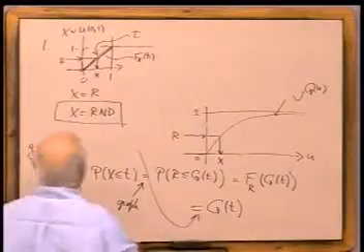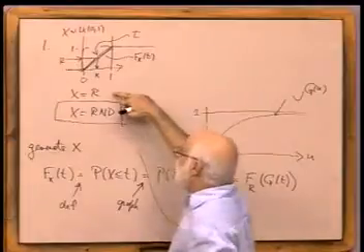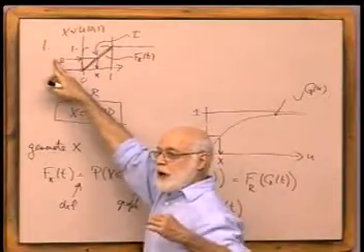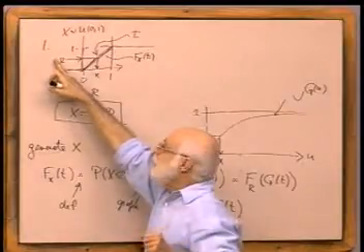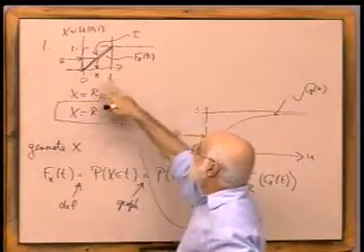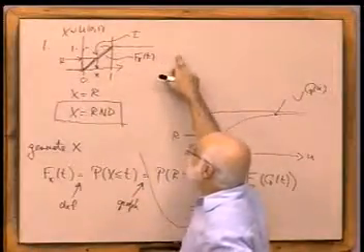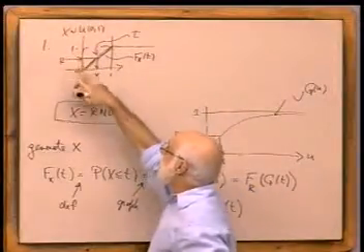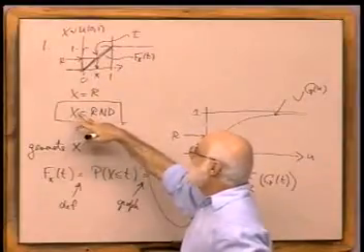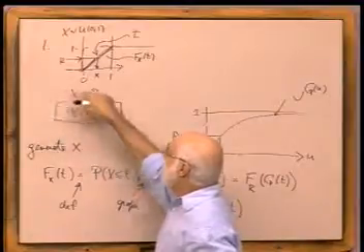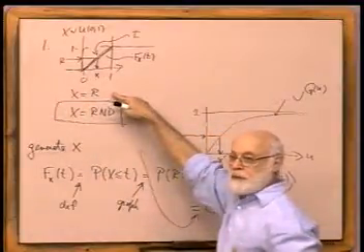Why is that? Because the theorem says that if the number that I put on the vertical axis is uniformly distributed, then the x will have the same distribution as whatever the curve is that I'm projecting over to. So if I want to get a uniform distribution, that means that if I apply the inverse transform method, it simply tells me that x and r are the same number.